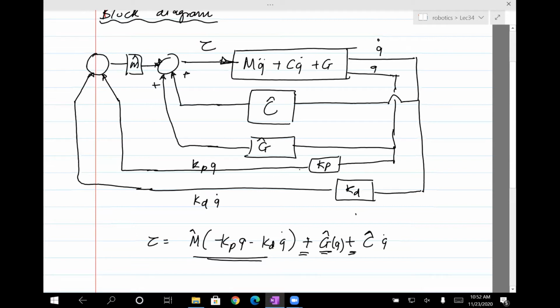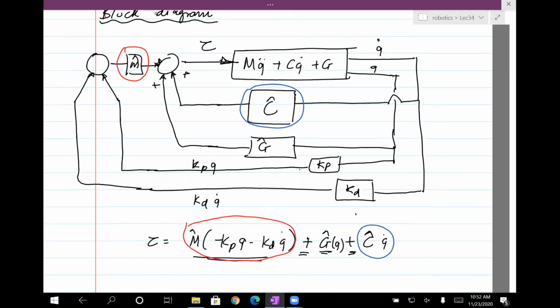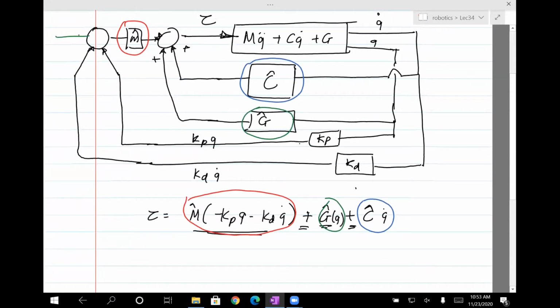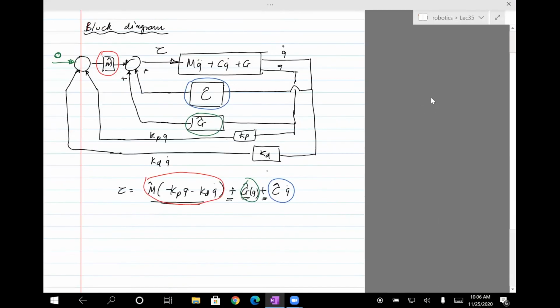And so when this is summed, we circle this part, and then this part comes from here, and then the last part is sitting right here. So when you sum them up, you get that. Sometimes they also show this part, which is of a signal, which in this case is 0. It's basically the reference. Okay, so this is where we left off last time.